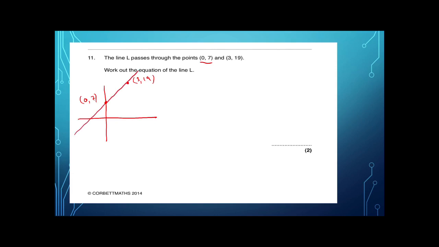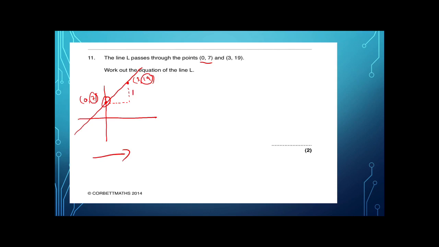But what it's going to do is give me an idea. First of all, I can see that the line has a positive gradient, and that's a good thing. We can also see that the y-intercept is 7. Now, to work out the gradient, we want to see what the rise is, the difference between the y values, 19 and 7.